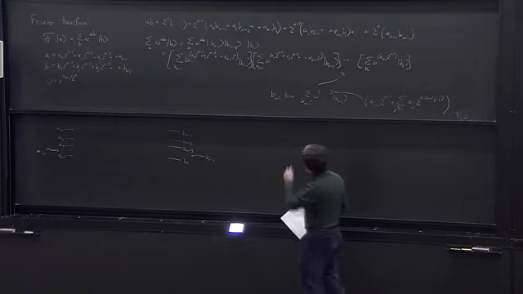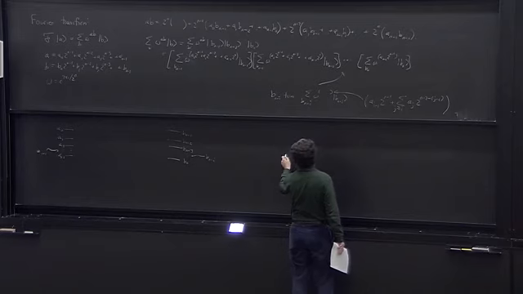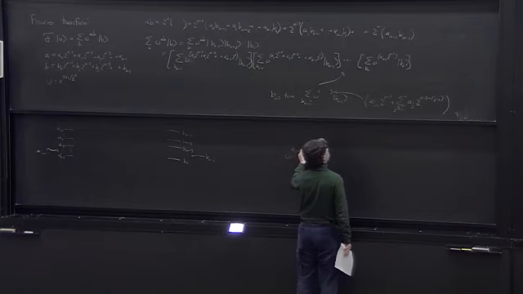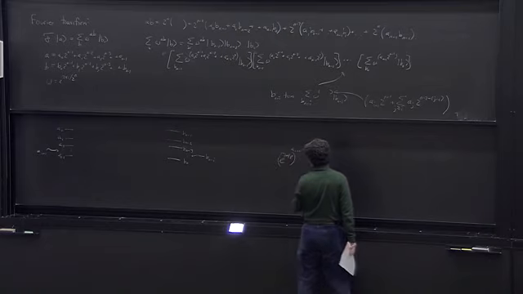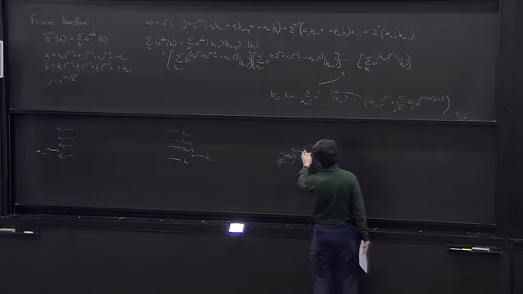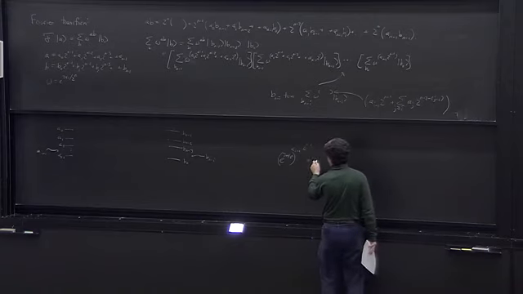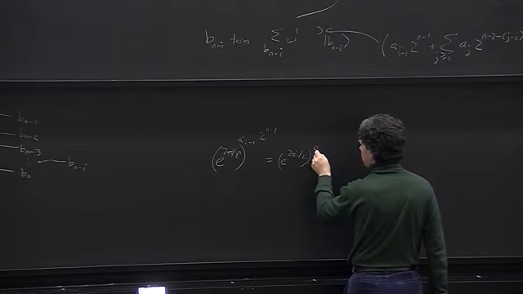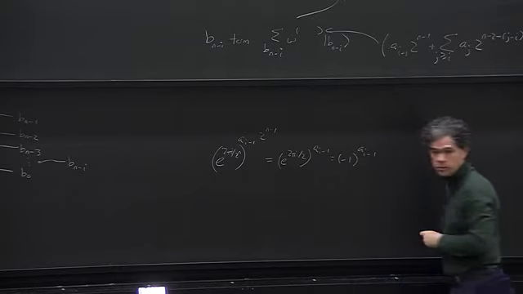OK, so in particular, let's look at this term here. What do we get from that? We get an omega to the ai minus 1, 2 to the n minus 1. But omega, remember, is e to the 2 pi I over 2 to the n. And so this 2 to the n minus 1 mostly cancels that 2 to the n. So this is actually e to the 2 pi I over 2 to the ai minus 1, which is minus 1 to the ai minus 1.